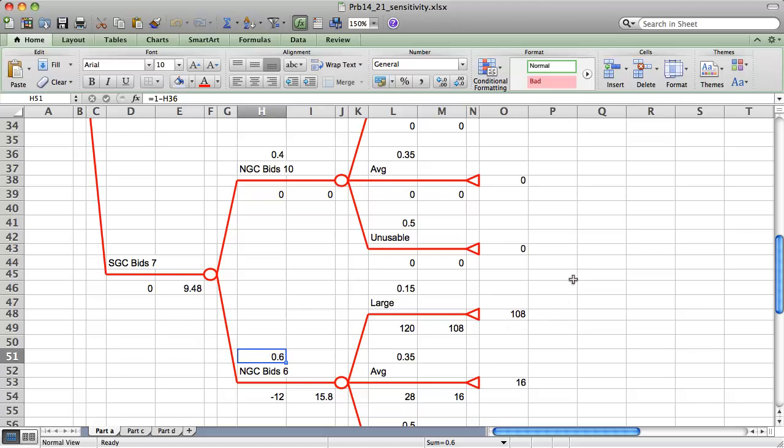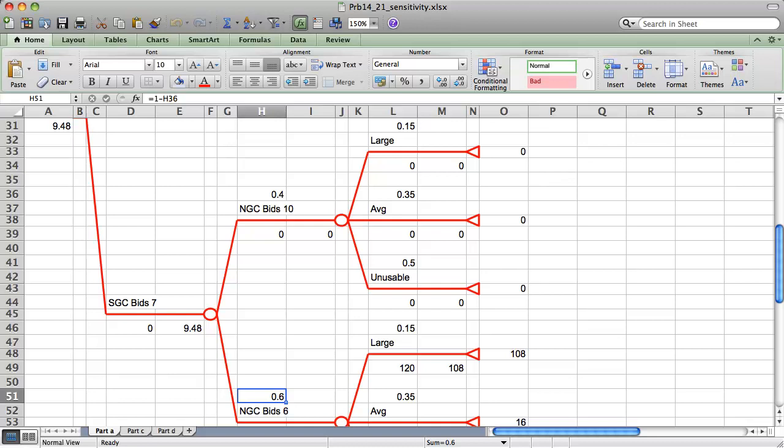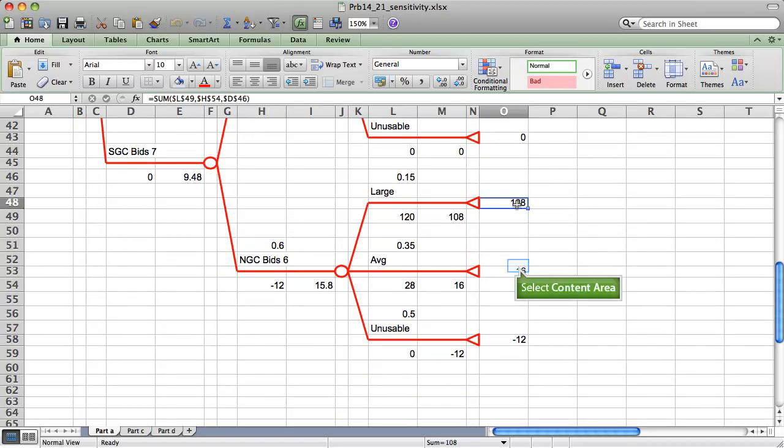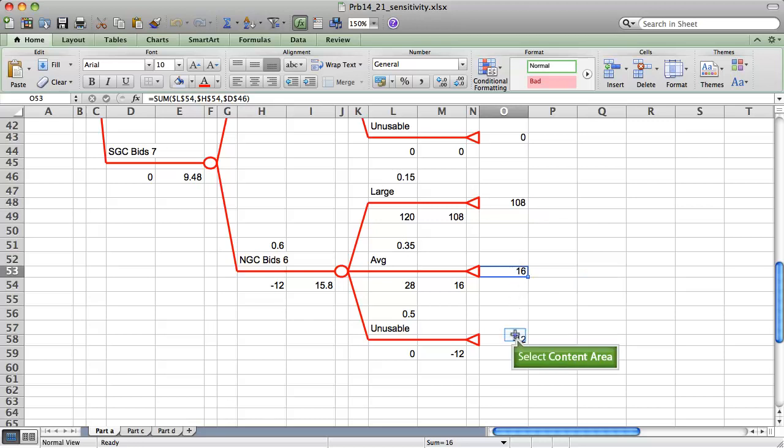There's no payoff if they lose the bid, and we can see that on the decision tree. Our attention needs to go here if they win the bid.